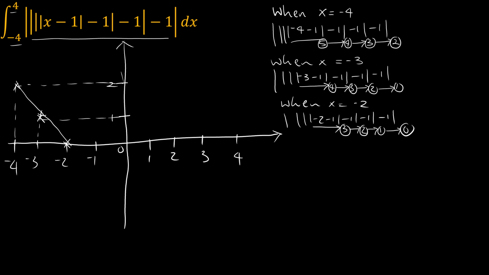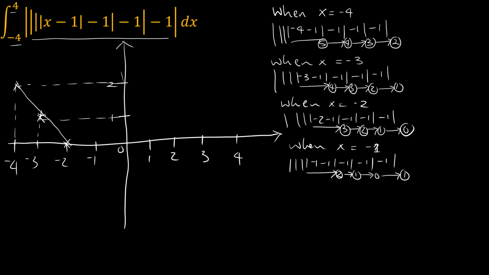And then when x equals -1, we have -1 minus 1 absolute, minus 1 absolute, minus 1 absolute, minus 1 absolute. Right? So from here to here, we're beginning from 2, go to 1, go to 0, and then from 0 minus 1 is -1, absolute is going to be +1.